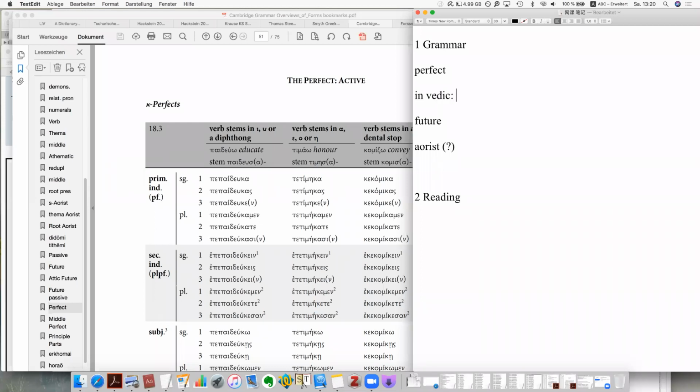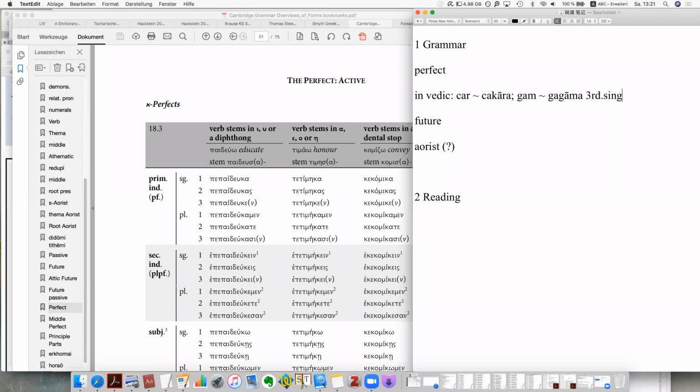In Vedic, if we want to build a perfect from this root, you would do it like this. And if you want to build a perfect from gam, you have this. These are all third person singular.